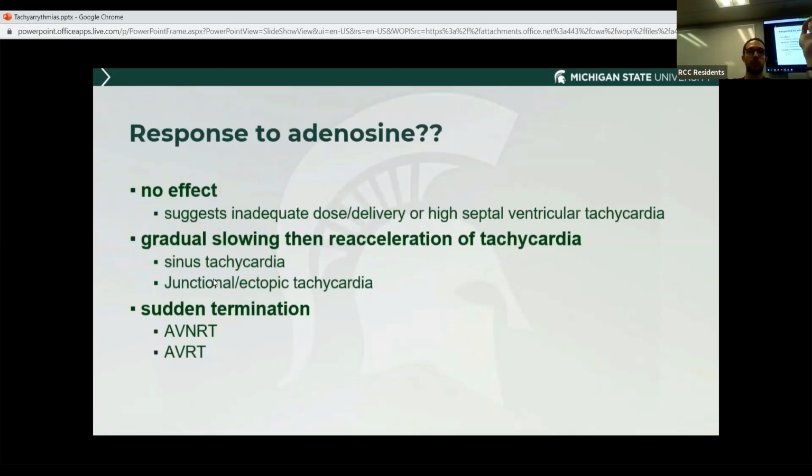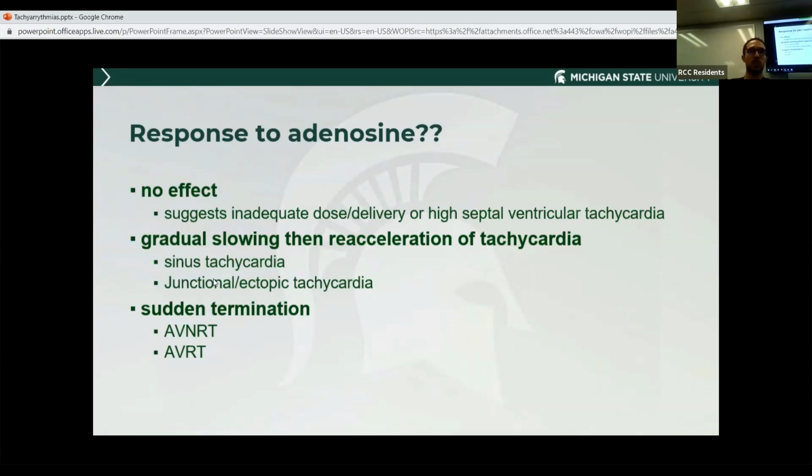If there is no effect in a narrow complex tachycardia, this is nonsense, because your narrow complex is from the atria. So you should, no matter what, have a delay in the rhythm or stop the rhythm if you gave adenosine. So maybe it was not an effective dose. Maybe it went under his skin. Maybe something happened.